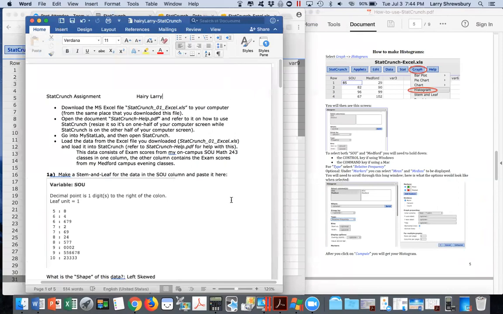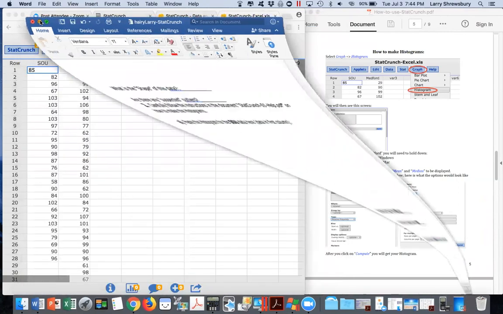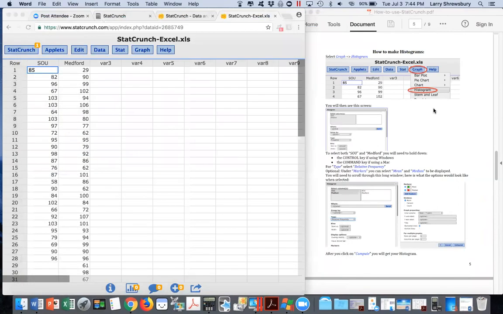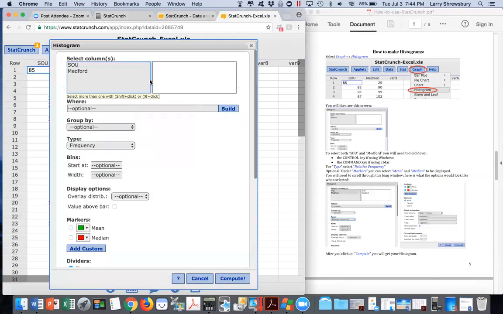Now, continuing on here, like I said, we're going to make the histogram. Just following these instructions, and I'm going to be making them for both SOU and Medford at the same time. So we're just going to click on Graph, go over to Histogram, and just like we did before, click on this one. By the way, you could hold the Shift key and click on that one. So just might as well do them both.